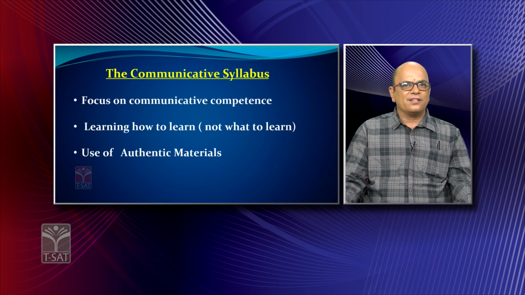Authentic materials are the materials that are not prescribed but can be used in the classroom to promote classroom communication. For example, a pamphlet or a press note or any advertisement or a notice or even a wrapper can be used in the classroom. They are good examples for authentic materials, even classifieds. So, we can use them in the classroom to promote a natural way of communication.